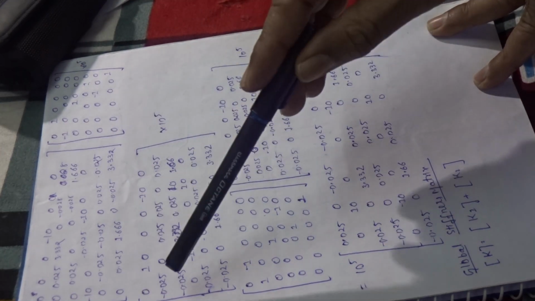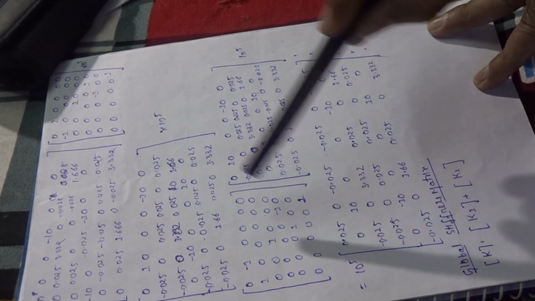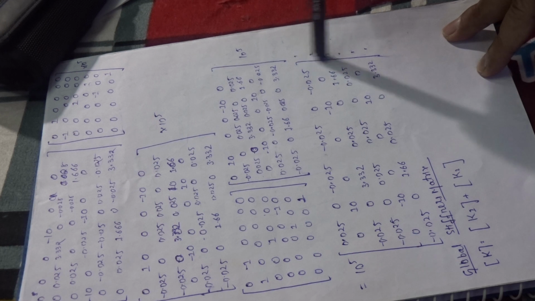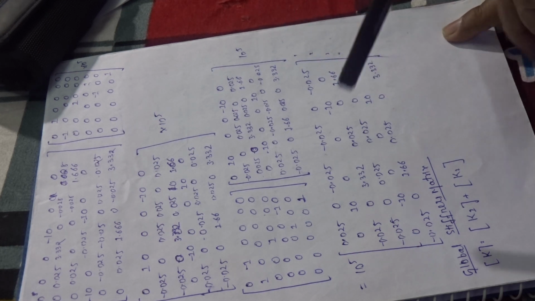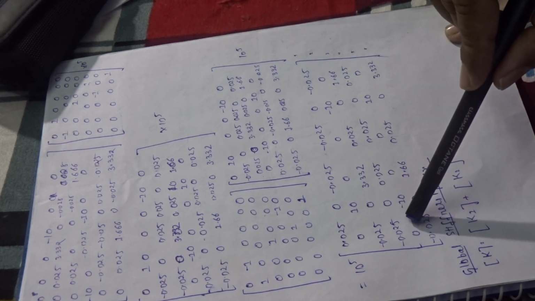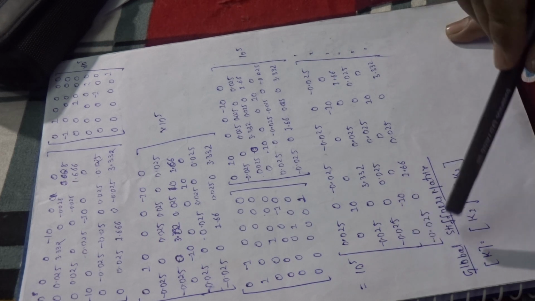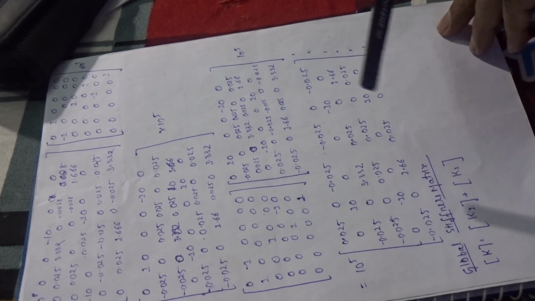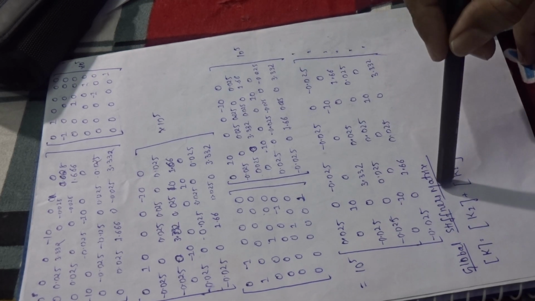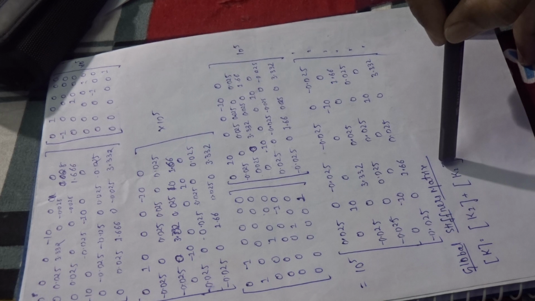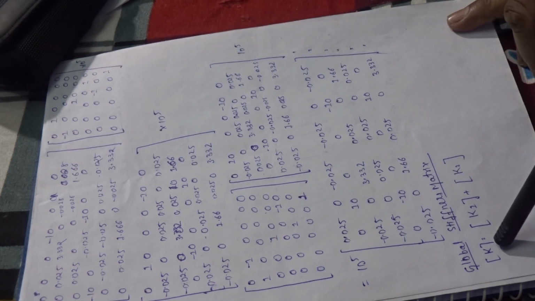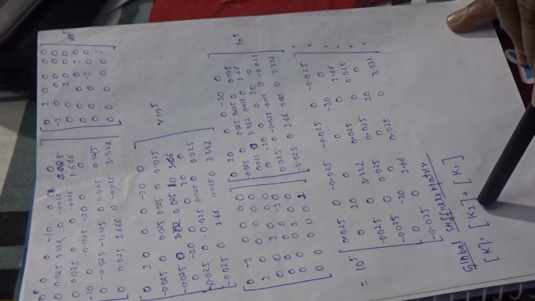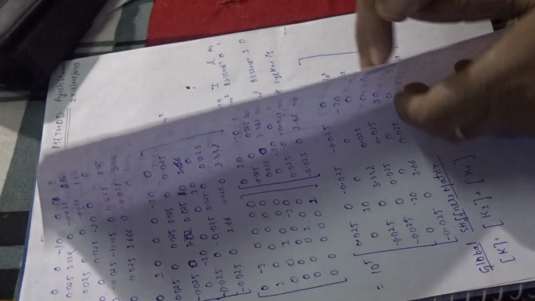So this is the global stiffness matrix for element 1. And I already found the global stiffness matrix for element 2. It will be the same because theta is equal to 0. So for the total assembly, K is equal to K1 plus K2.